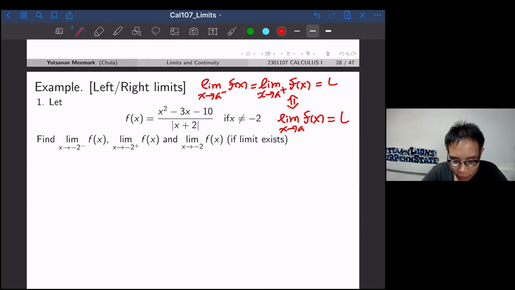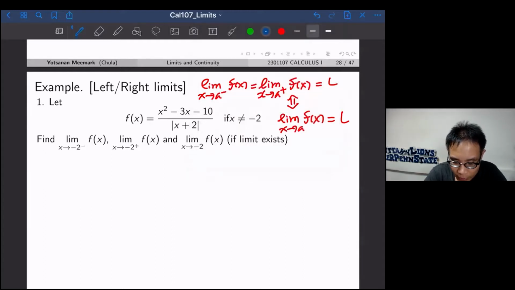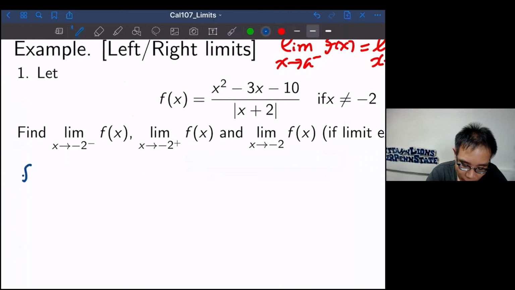So you have f(x) equals (x squared minus 3x minus 10) over the absolute value of x plus 2, if x is not equal to negative 2. We have to simplify this a little bit.